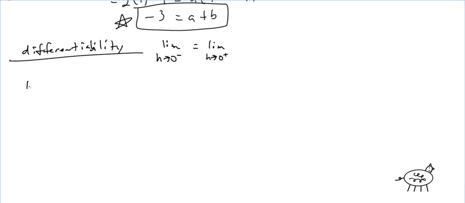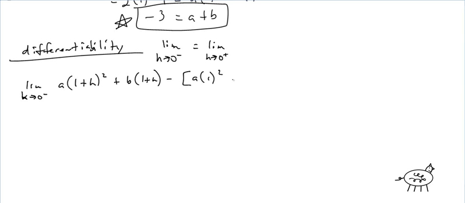So we have the limit as h approaches 0 from the negative side of a times (1 plus h) squared plus b times (1 plus h), minus a times 1 squared plus b times 1, all over h.